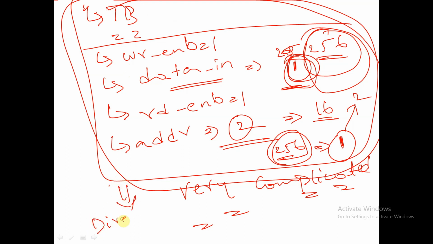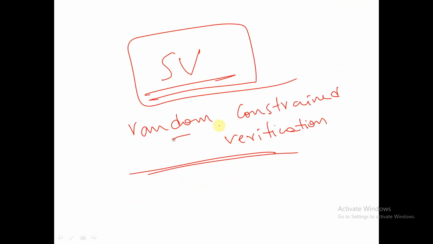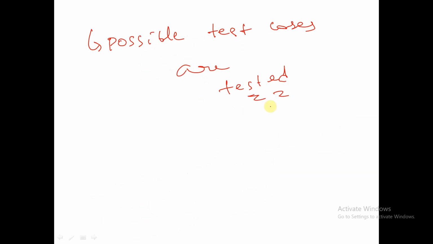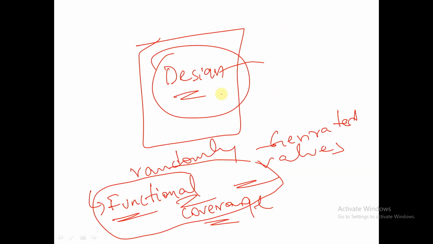That means we are individually giving the hardcoded values, but in case of SV we are using random constraint verification. So here we will give random test cases, and we will leave it to the simulator to generate random values and store them in random locations. Using the functional coverage, we will check whether we are testing all the possible scenarios, and whether all the possible test cases are met or not. So by using SystemVerilog, we are going to check the design completely.